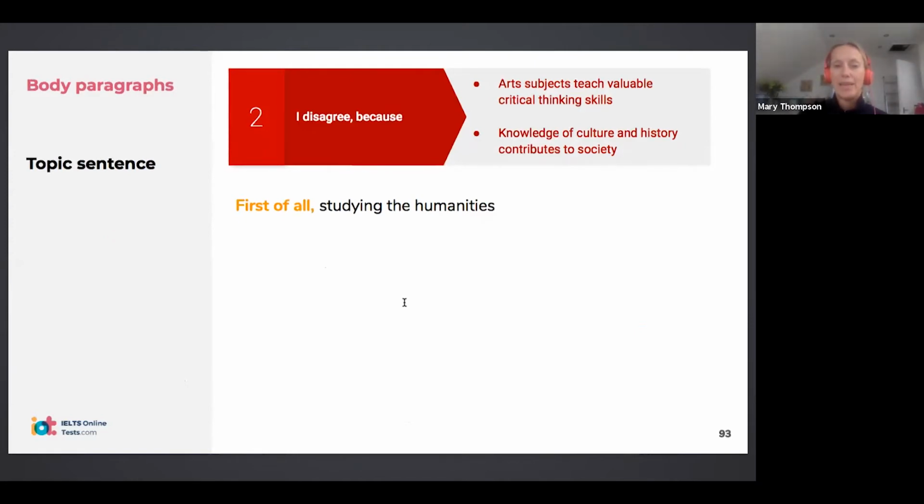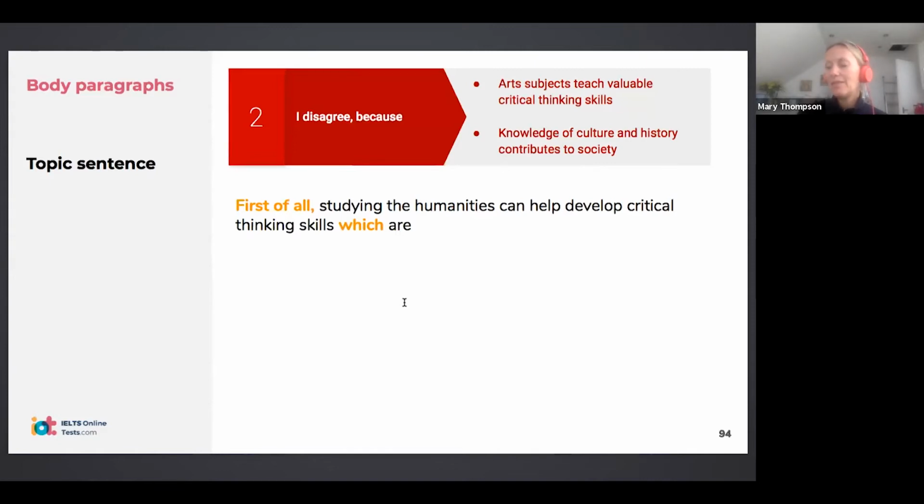It just makes it really clear that this is going to be the first reason. So first of all, studying the humanities can help develop critical thinking skills, which are, okay, can you finish that sentence? Let's see if you've got the same one. Vital for your future, yeah.